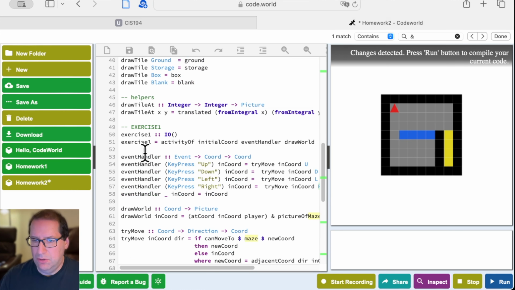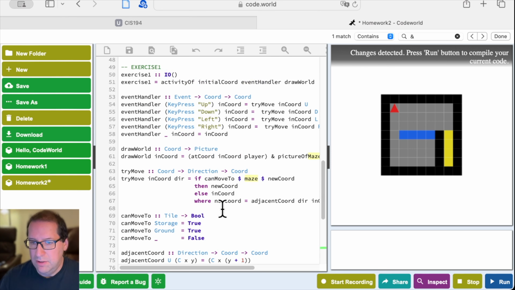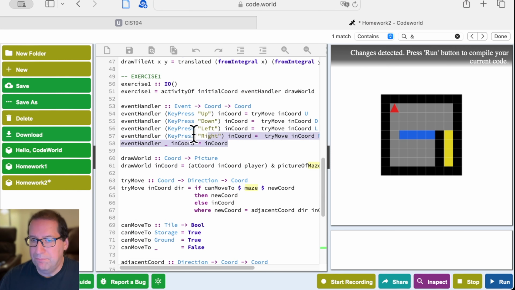Okay, we called this event handler. We'll call it handler 2. I'm going to put 2 on everything here because otherwise it's going to be nuts to try to keep track of it.